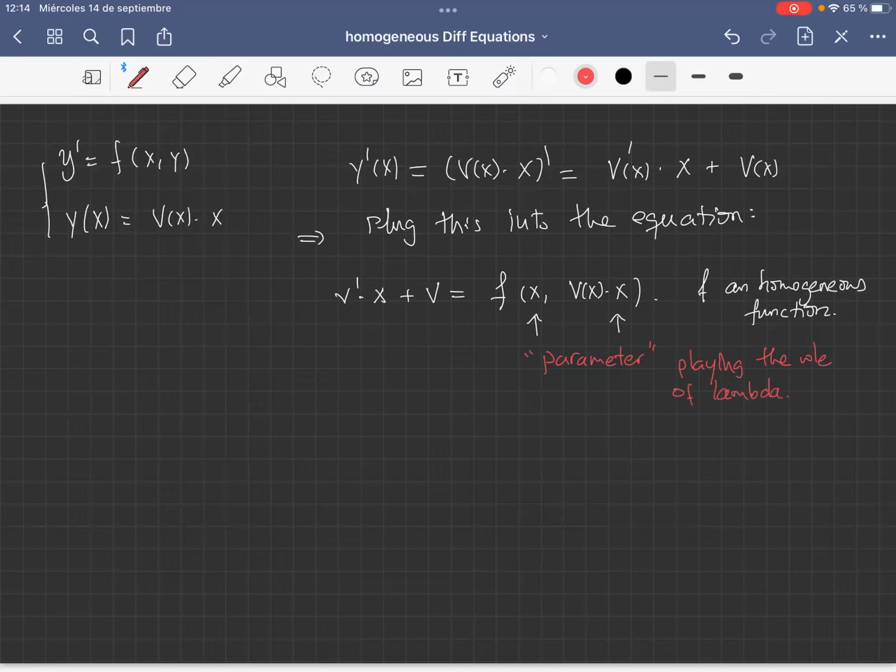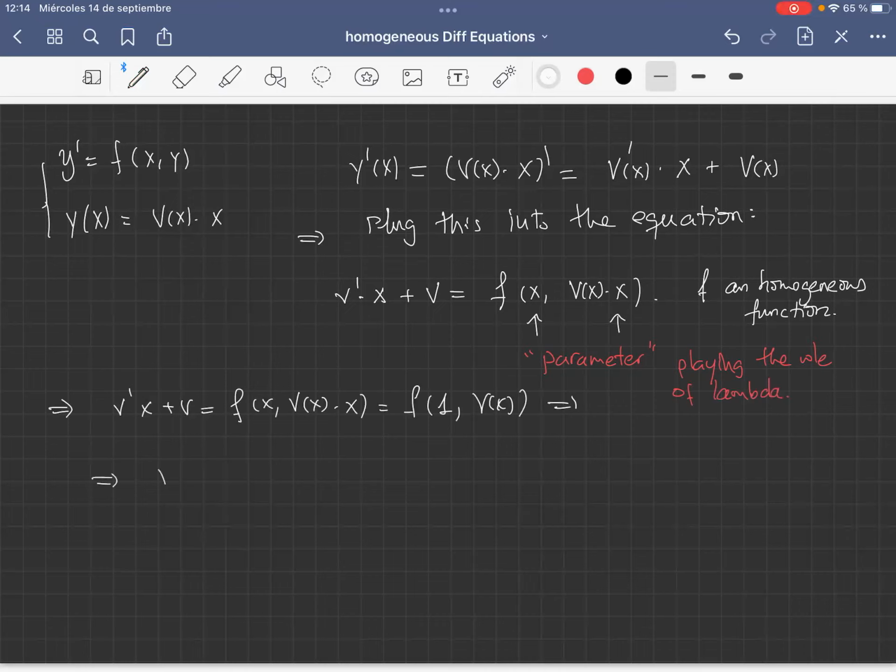So bearing that in mind, since f is homogeneous, it's going to equal f of 1 and v, as if the parameter was going out of the function, f of x and vx. So what does this mean?